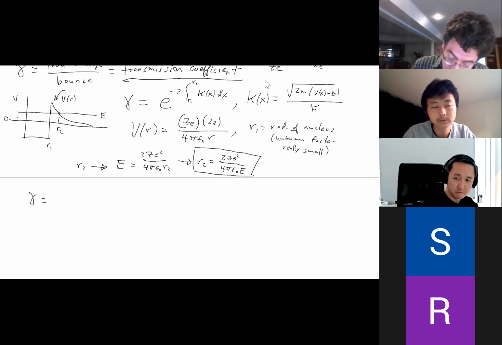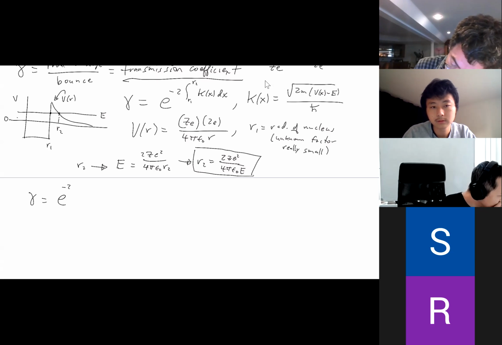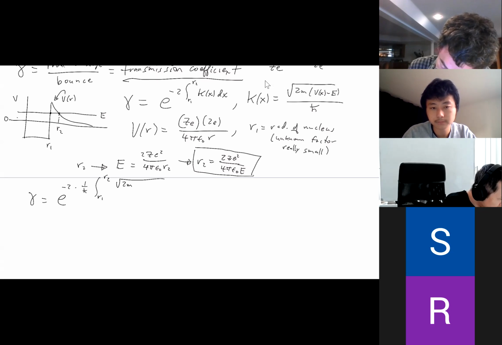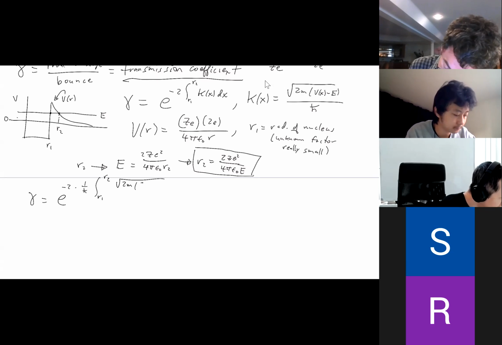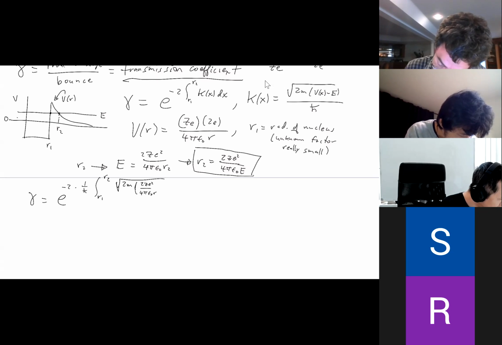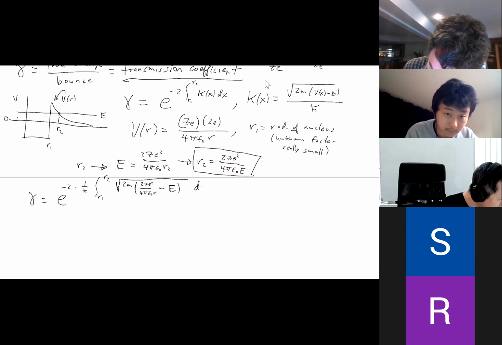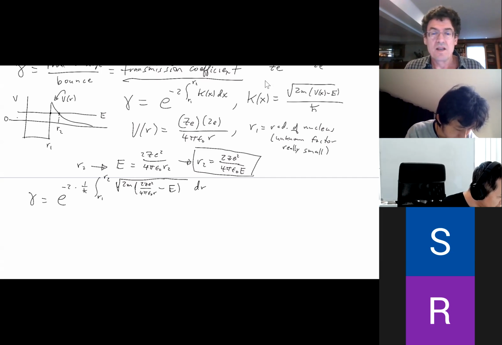And so we see that gamma is going to equal e to the -2 times 1 over h bar, integral from R1 to R2, square root of 2m times (2Ze squared over 4 pi epsilon naught r minus E) dr. Okay, you see that? So that is our transmission coefficient.